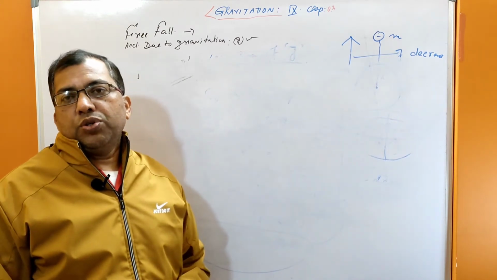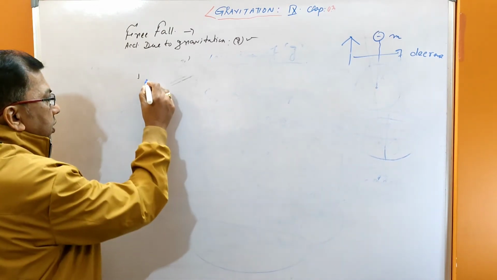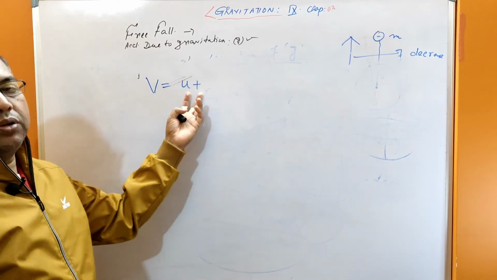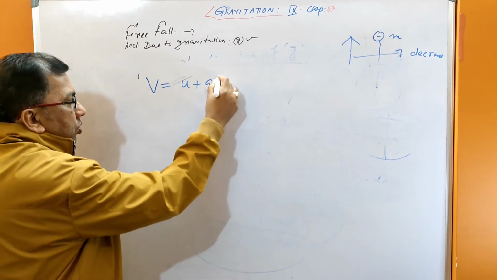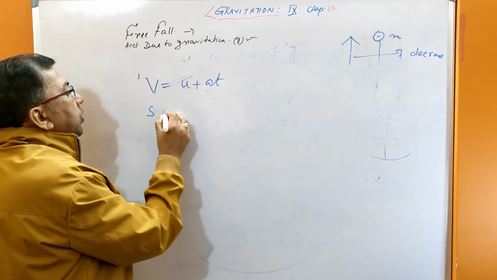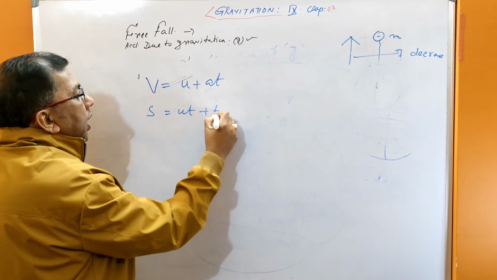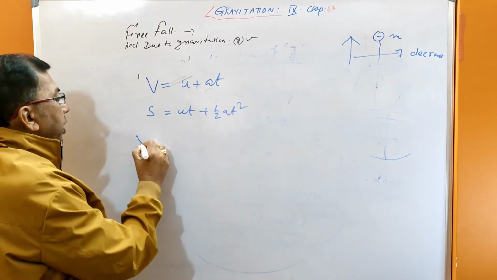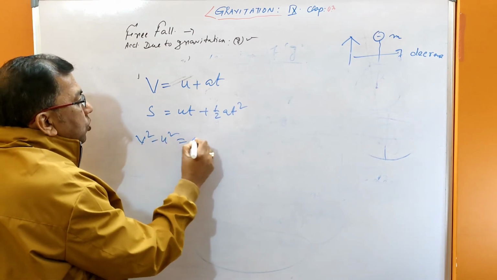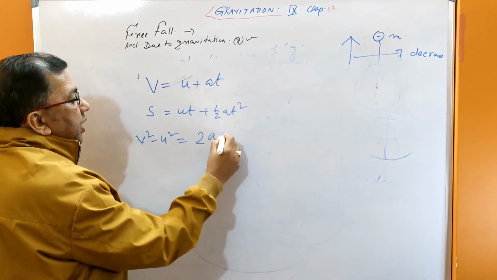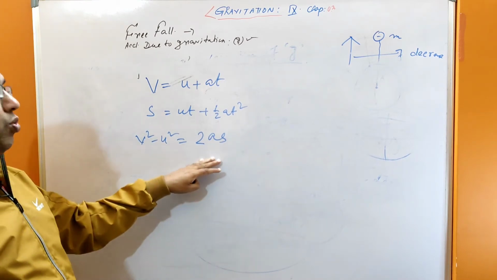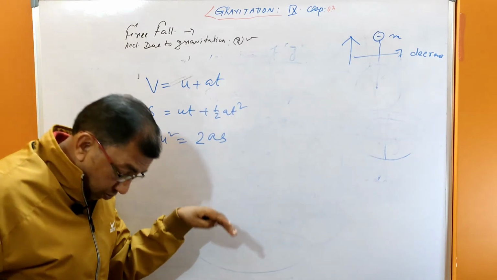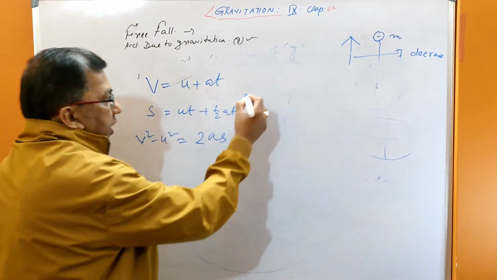What do you know of equations of motion? V equals U plus AT. S equals UT plus half AT square, we know. And V square minus U square equals twice AS. So in the case of a free fall body, what will be the answer here?